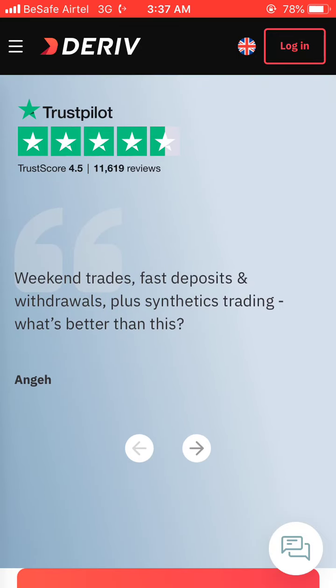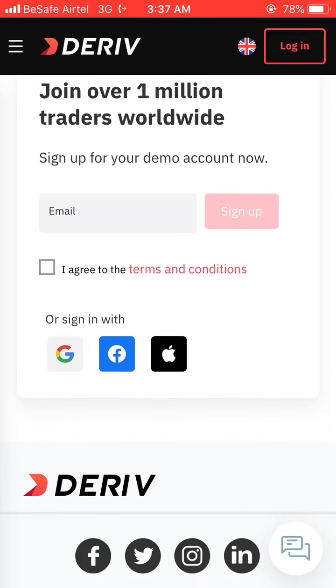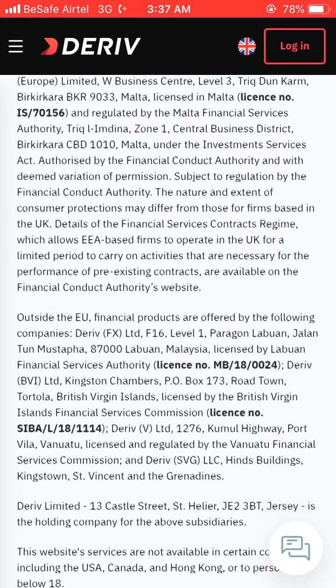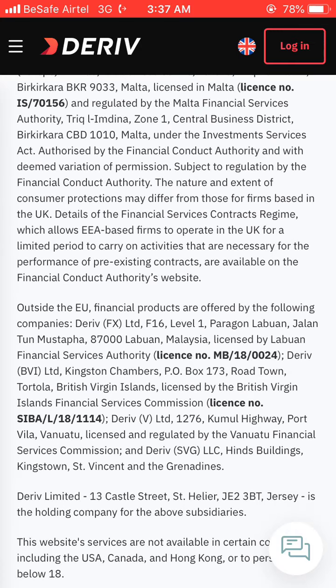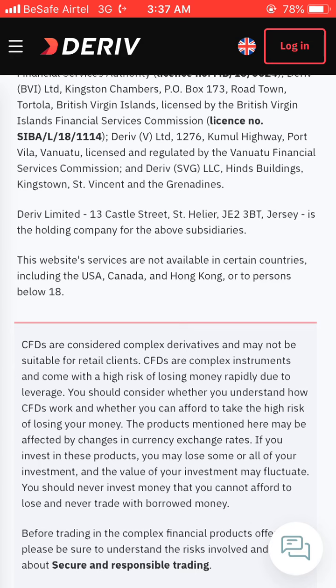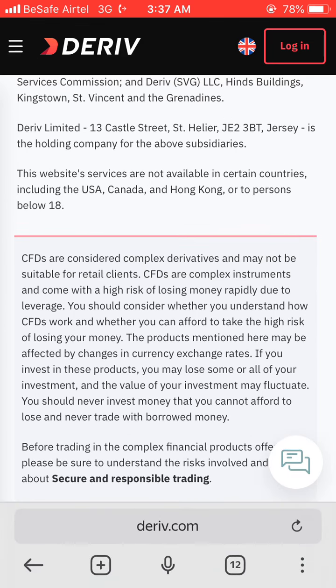You can go ahead and create an account with a demo account, start to practice and figure out your own trading pattern, your own trading setup that will work for you.